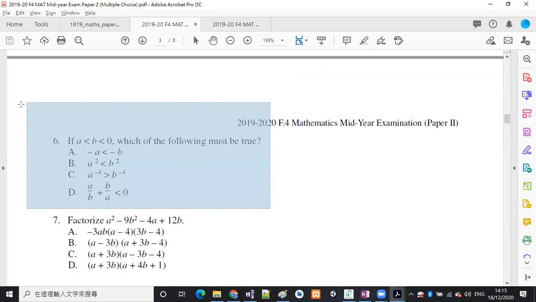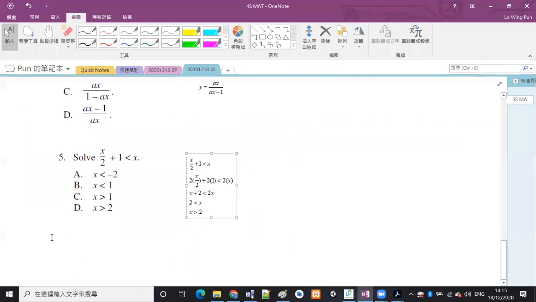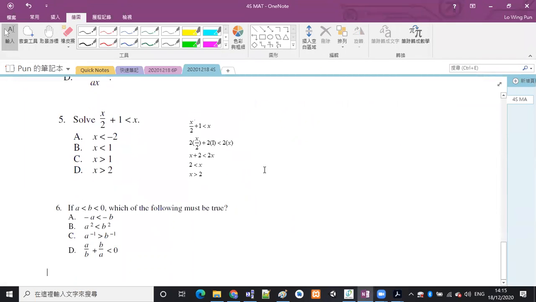Number 6. If A is less than B and B is less than 0, which of the following must be true? Highlight this part first: B less than 0.